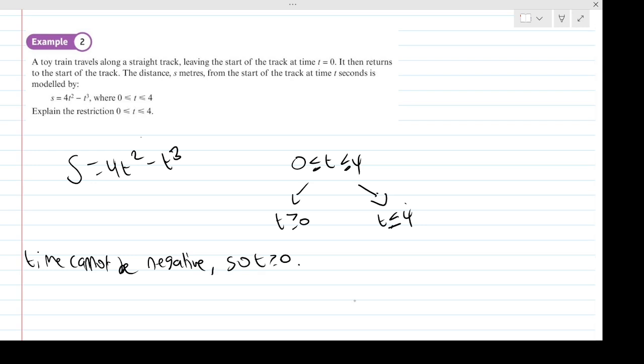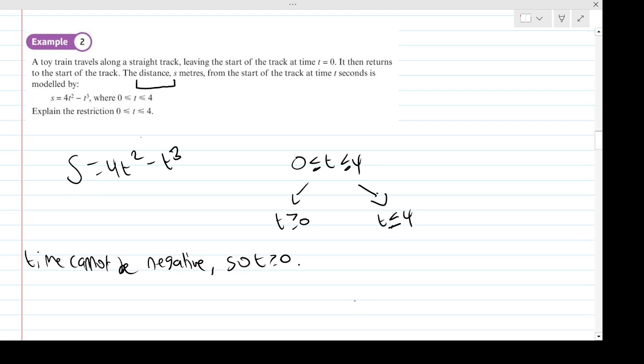Cool. Okay, what about this second inequality now? This one is a bit trickier. How on earth do we get to t less than or equal to 4? Well, if we look at the question, it's now talking about distance. The s we have here is distance, not displacement.